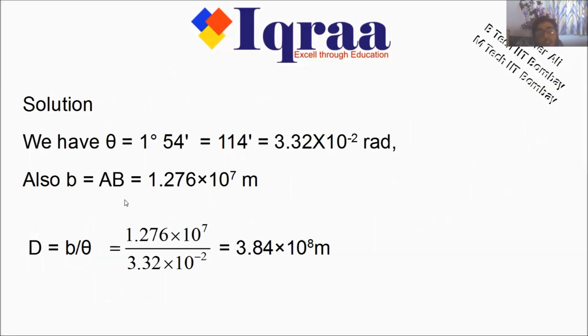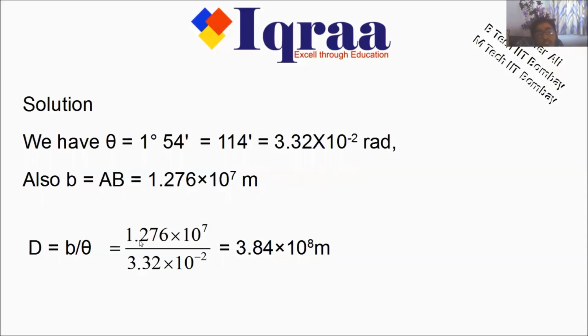Now this theta, 3.32 × 10 to the power minus 2 radian, is very small. It's tending to 0. Our basis AB, which is the diameter of the Earth, is 1.276 × 10⁷ meter. And as this theta is very small, the arc length is equal to the chord length, which is the basis. We can find the distance of the moon from the Earth.